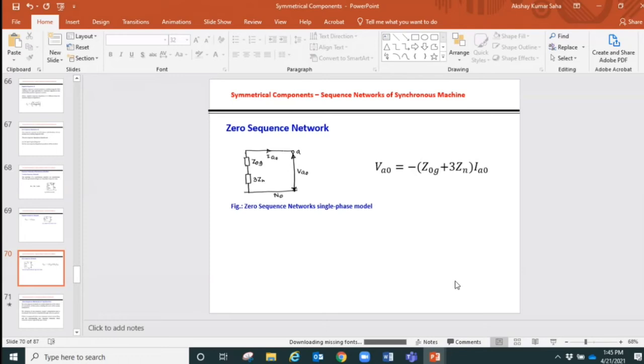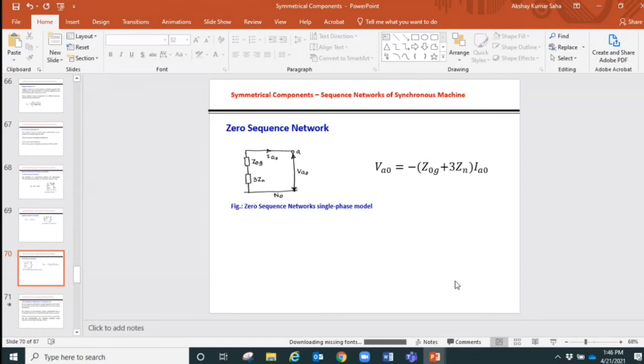For static ones, we saw that it was multiplied by 2, but for a synchronous machine, a rotating device, it is multiplied by 3. And for transformers, we will also see something like that. So it's multiplied by 3. We will have to remember that a little bit. And how it comes like that, we can see in the equations.